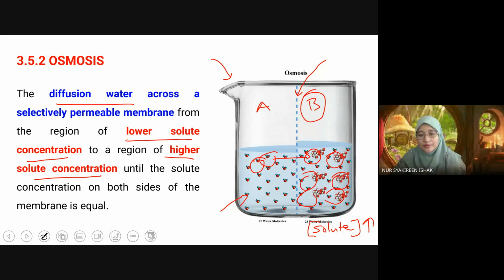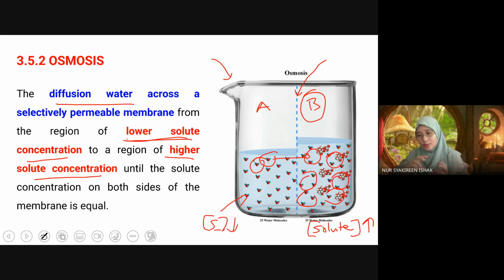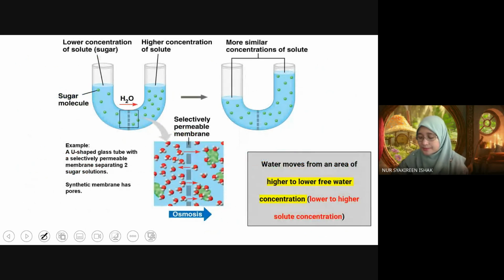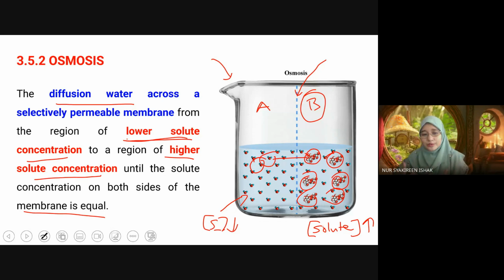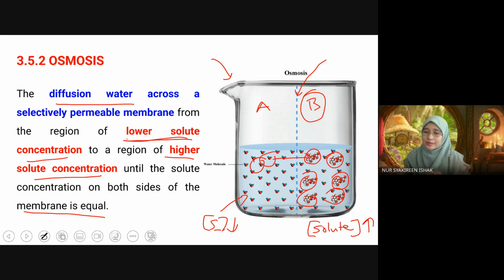It only involves the movement of water molecules from the lower solute concentration region, where the solute concentration is low, to the high. The only molecule that moves is water. Until what? Until both sides have equal concentration of solutes, the same concentration of solution.